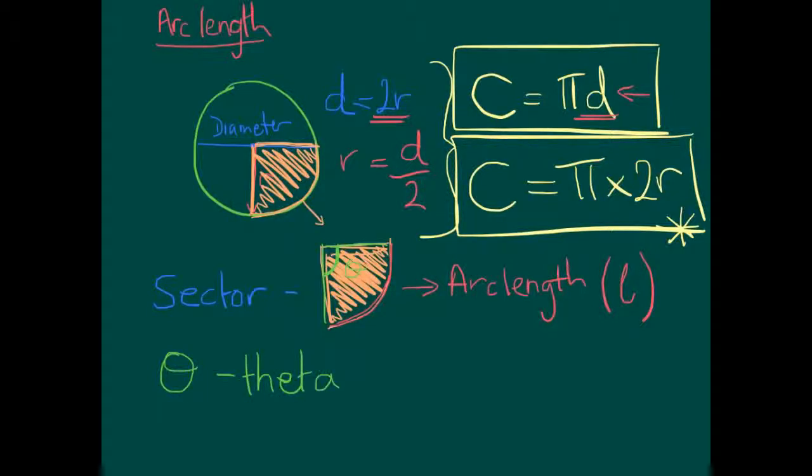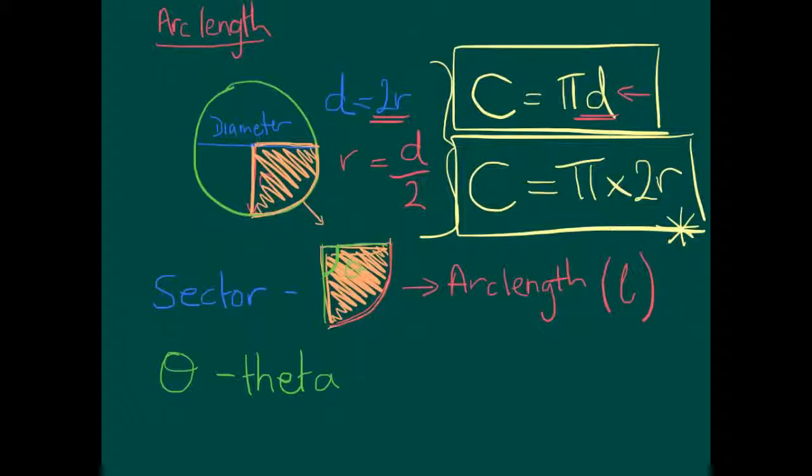This is a Greek letter. Generally, theta is used to describe an angle in anything: an angle in a triangle, or in this case an angle in a sector. Whenever we're dealing with angles in maths, we look at the Greek alphabet, theta, beta, alpha, all of those different things. But theta is the general term used to describe an angle.